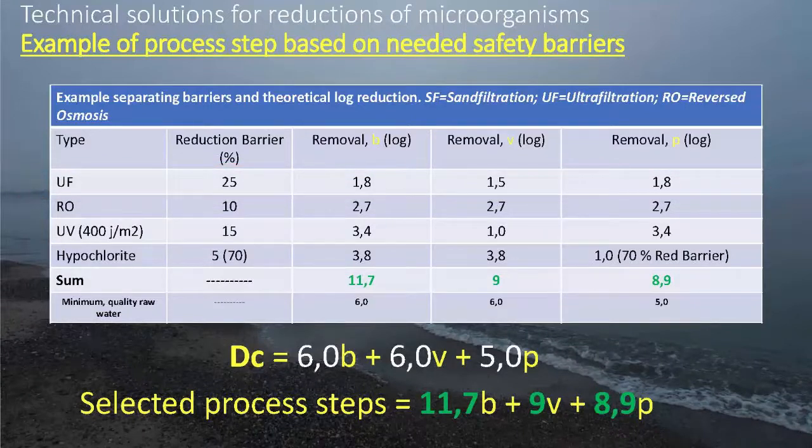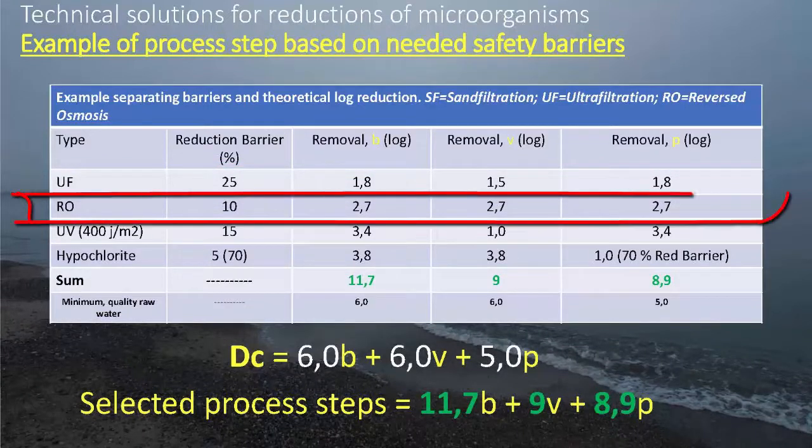After that you have the RO, where you have a risk of 10%. With that you have bacterial removal of 2.7, virus removal of 2.7, and finally parasite removal of 2.7 log.